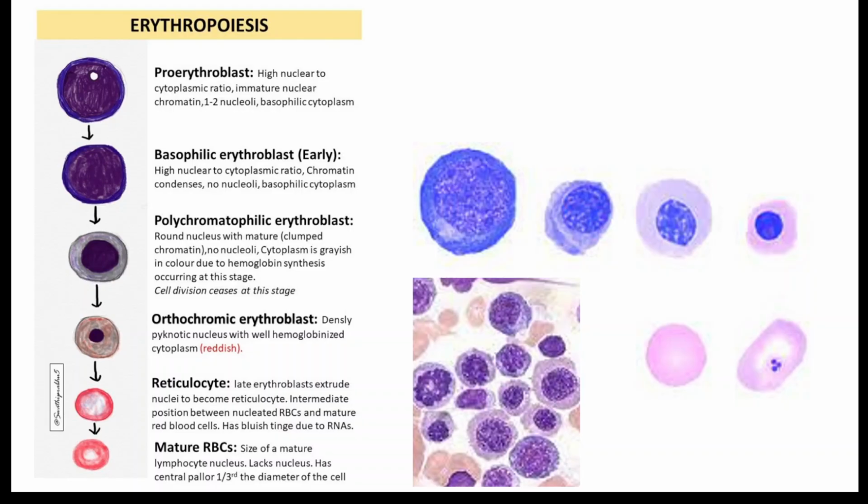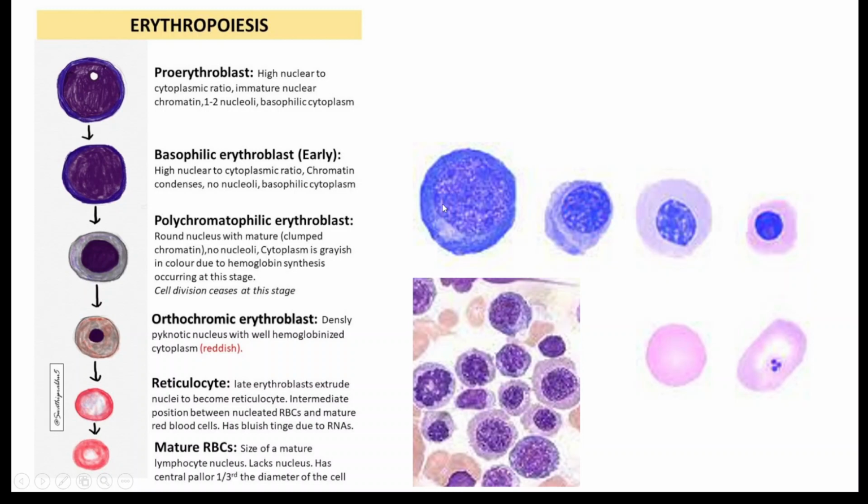Now coming to erythropoiesis. Erythropoiesis also follows the same pattern that we've seen in the myelopoiesis. You have a proerythroblast, then a basophilic erythroblast, polychromatic erythroblast, orthochromatic, a reticulocyte, and a mature RBC. The point that we need to understand is that this is an erythroblast.